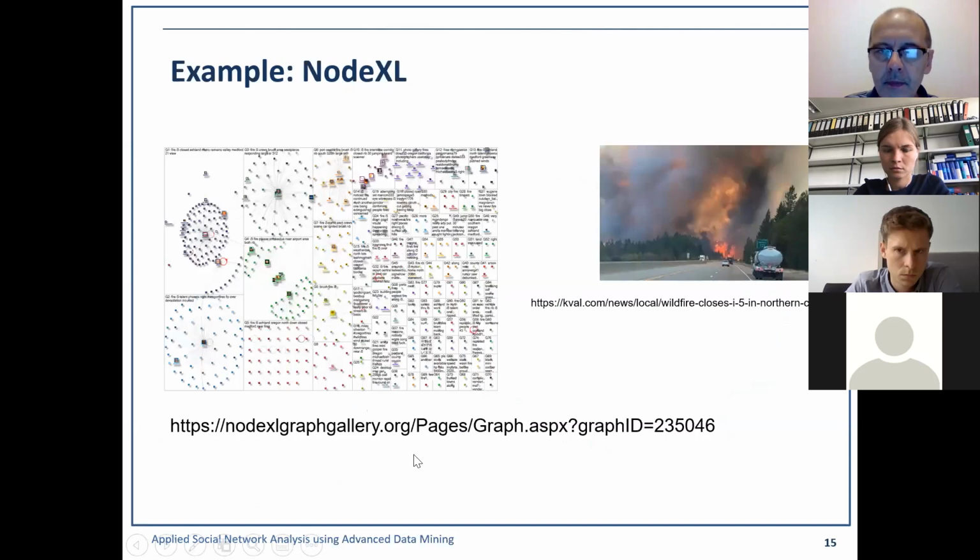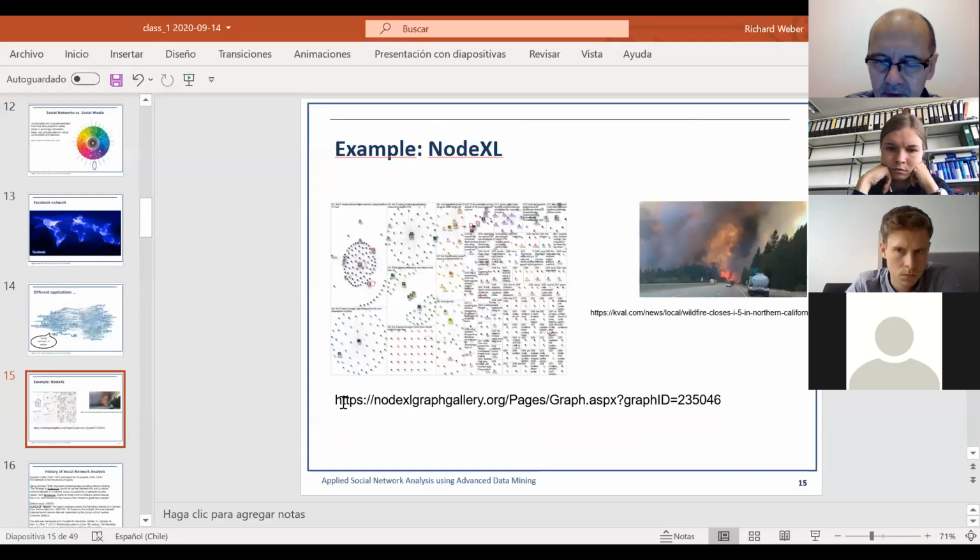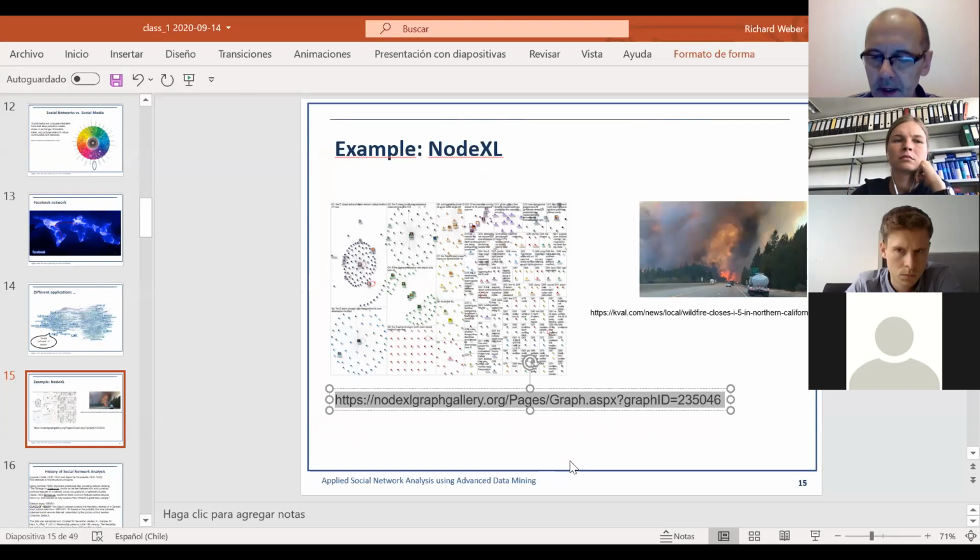Another one: there is a web page called NodeXL, where you can upload some social networks. Let me go to this web page. You can do the same online. I'm just opening this web page to show you what we can see here.